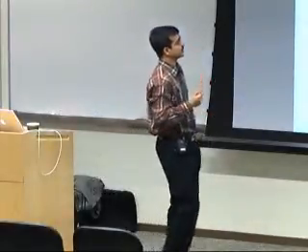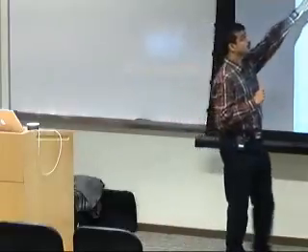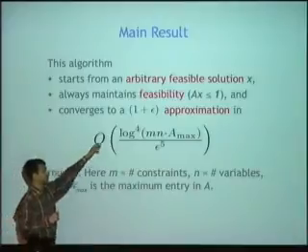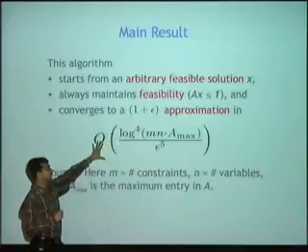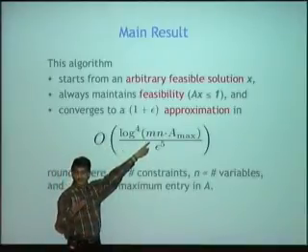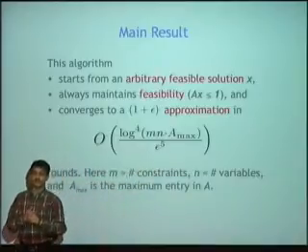We show that this algorithm, starting from any feasible solution x, always maintains primal feasibility, x less than or equal to 1, and converges to a 1 plus epsilon approximation in a number of rounds that is polylog in the size of the LP and 1 over poly in epsilon.